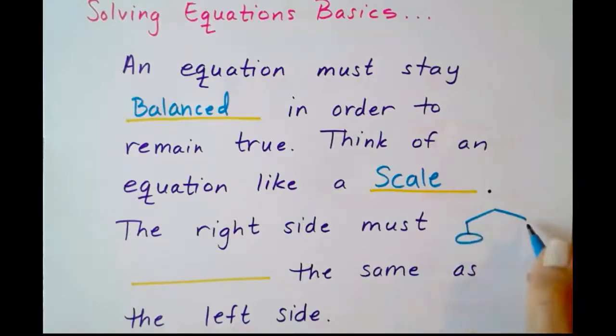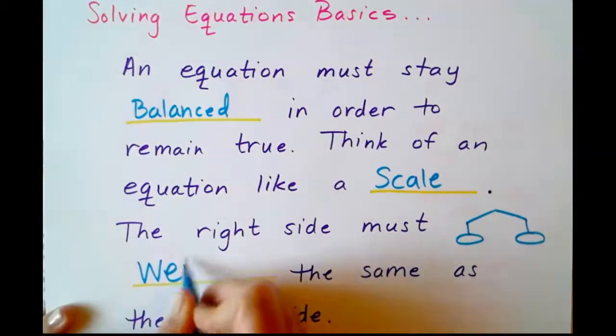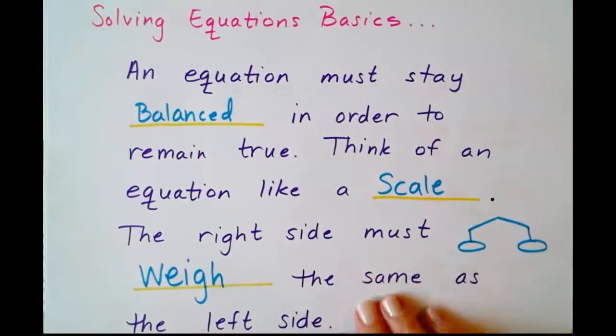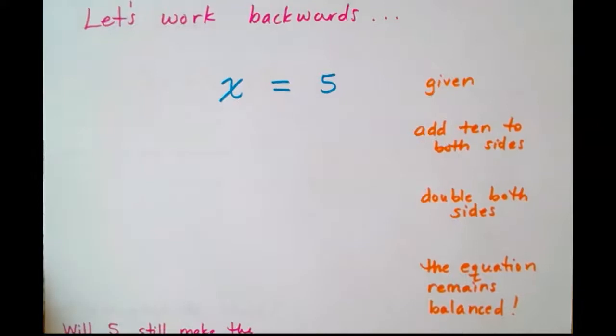We need the left-hand side and the right-hand side. The right-hand side must weigh the same as the left-hand side. Those are just some basics, and I'm going to continue to remind you of them as we work through equations. So what we're going to do first is work backwards here.